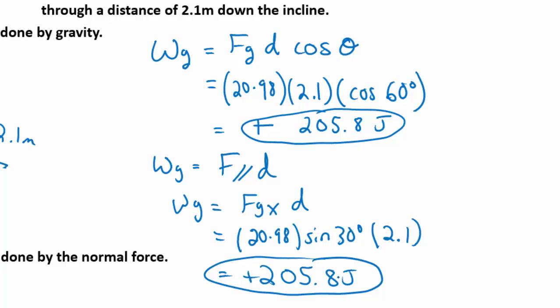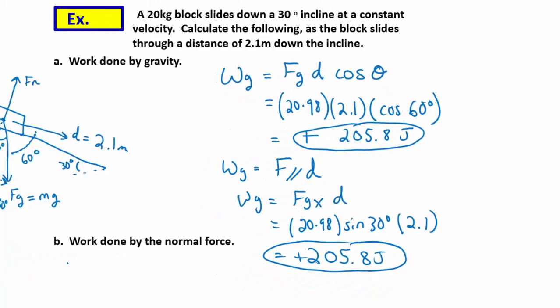Whether we look at that whole 60 degrees for the entire force of gravity, or we just look at the component that was actually acting in the direction of the displacement, either one of those is going to be okay to use. Okay, I'm going to do part B: what is the work done by the normal force?